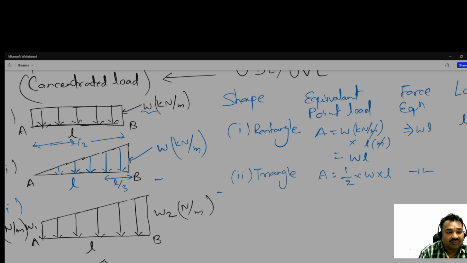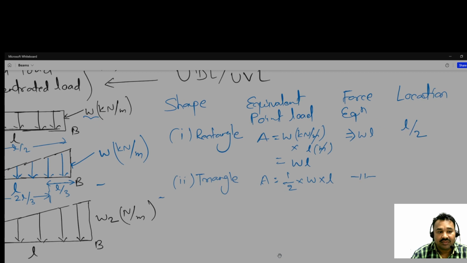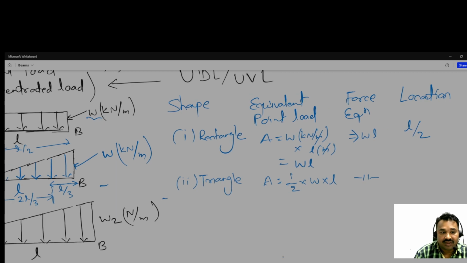If from A, suppose you want to know where the center of mass is, it will be 2L by 3. So from B, L by 3 from B.